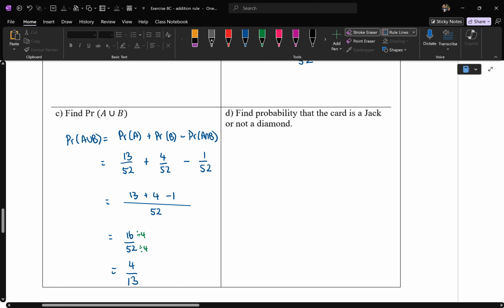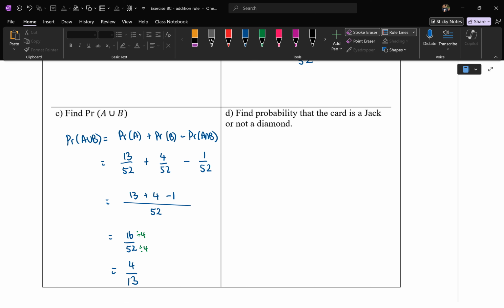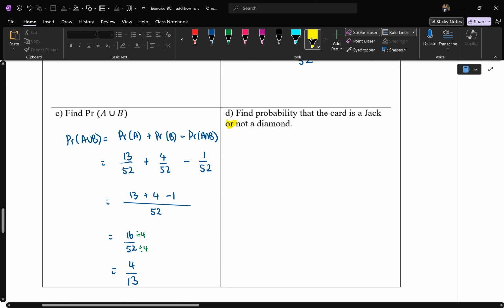And then finally, find the probability that the card is a jack or, oh, that's a key word, or not a diamond. So what they're asking you to do is find the probability of you getting a jack union not a diamond. Okay, so not a diamond.